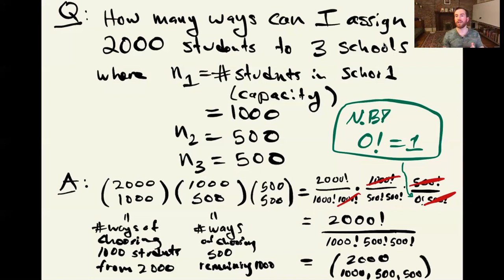It's also counting the number of ways of rearranging a word of length 2,000, where there are 1,000 repeated letters of type, let's say A, and there's 500 repeated B's, and there's 500 repeated C's. Now, what does this have to do with anything? Well, if you wanted to solve this assignment problem, here's one way you could do it.